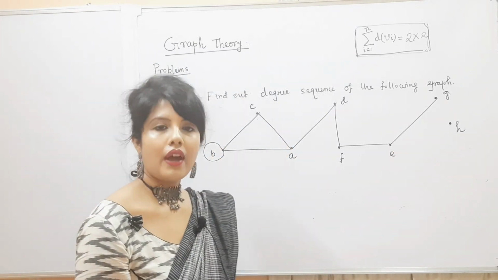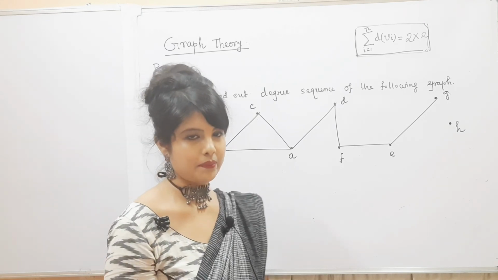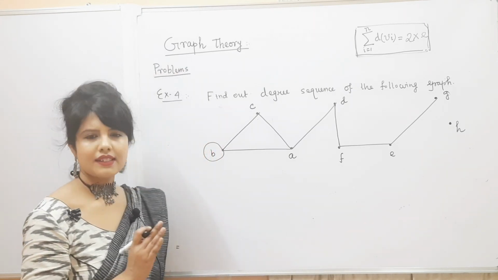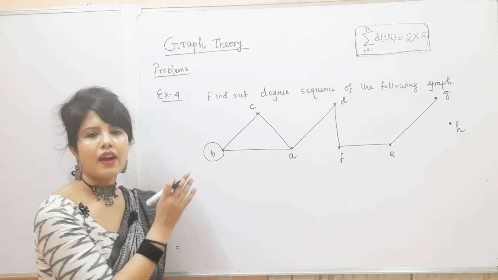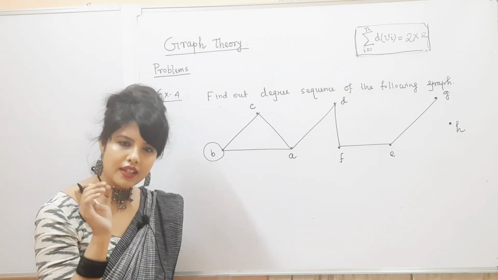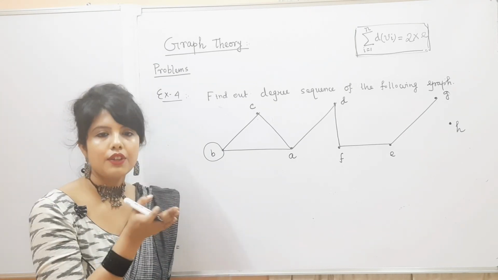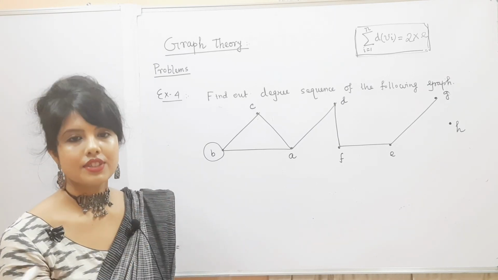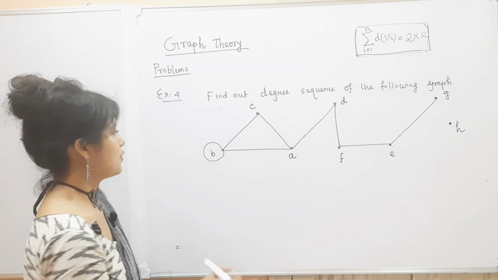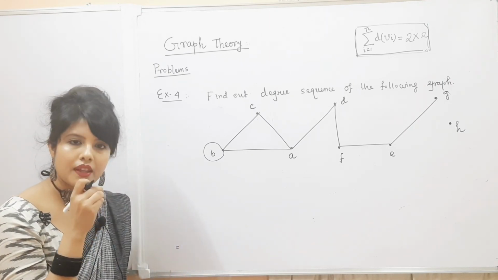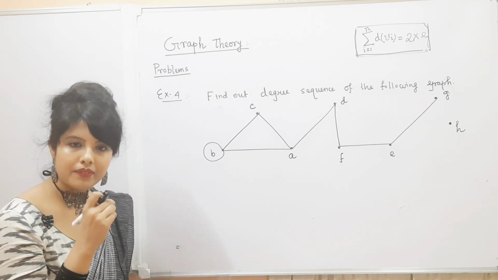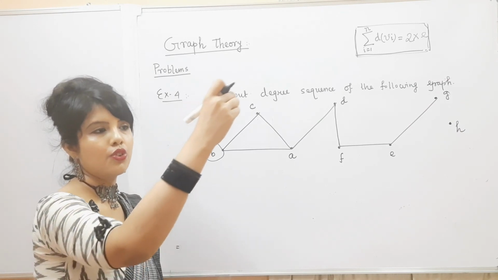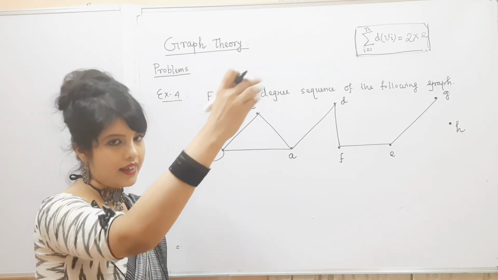So you have to find out the degree sequence of the graph. That is none other than finding the degrees of each vertex, and then making a sequence in increasing order. You start from the minimum degree and move to the highest degree.